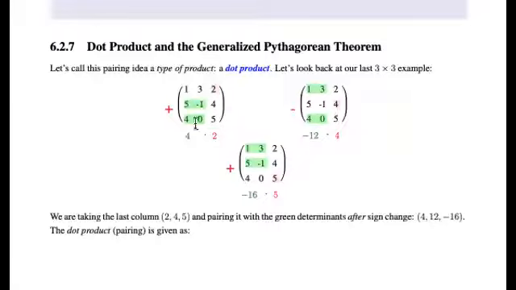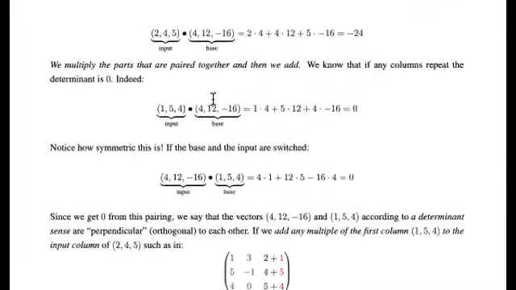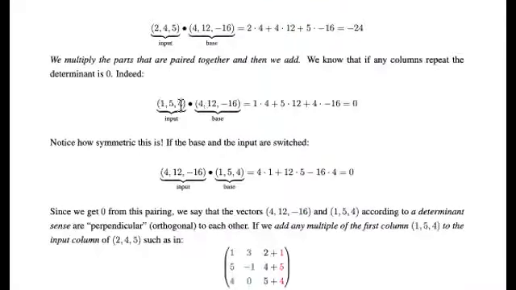Now the pairing from the green will look the same, 4, positive 12, negative 16, but here we'll have a different input, 1, 4, 5, paired with the same determinants. So this dot product should yield 0, actually. So the full determinant is 0.